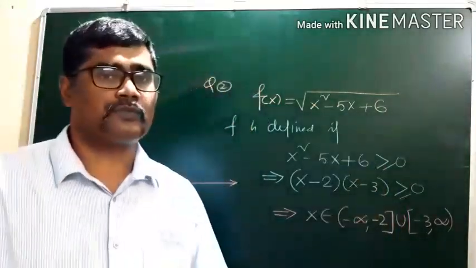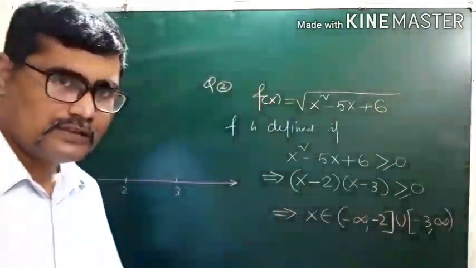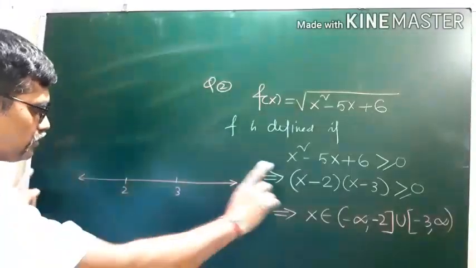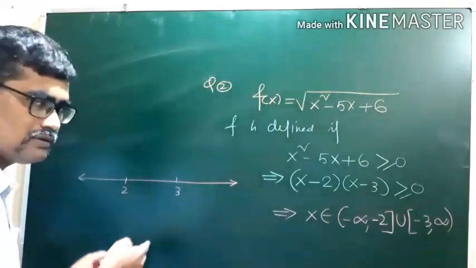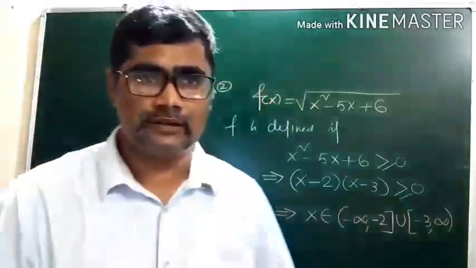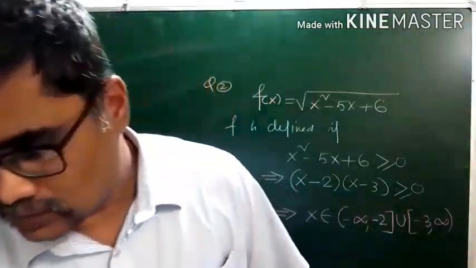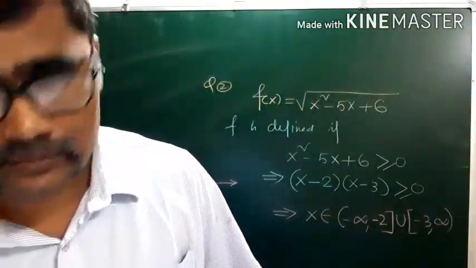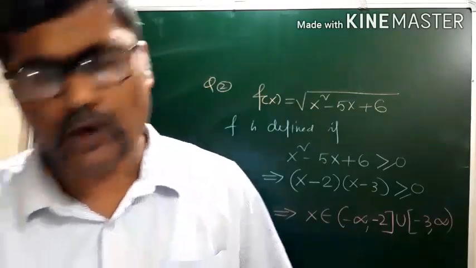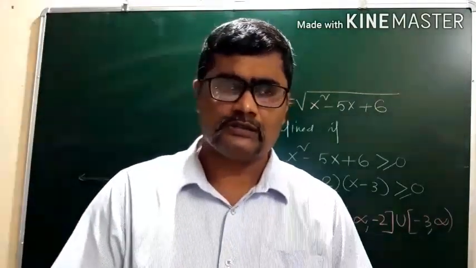And if you want to write it in an alternative form, you can write the set of real numbers minus the open interval 2 to 3, right? So this is what I have done for you, and of course there are many more problems to be done.